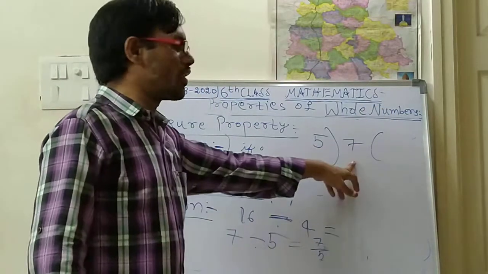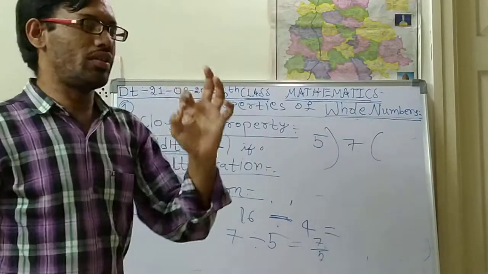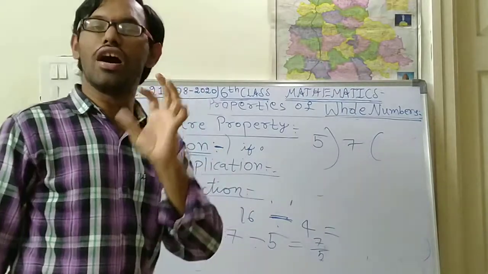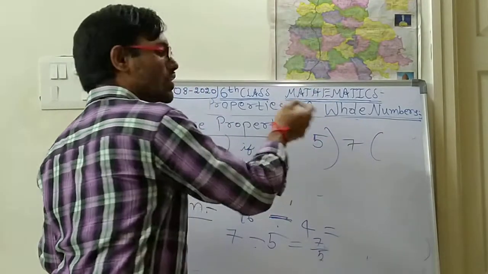So in the 5 table, does 7 go? No. In the 5 table, only numbers ending with 0 or 5 will be there, so 7 won't go.